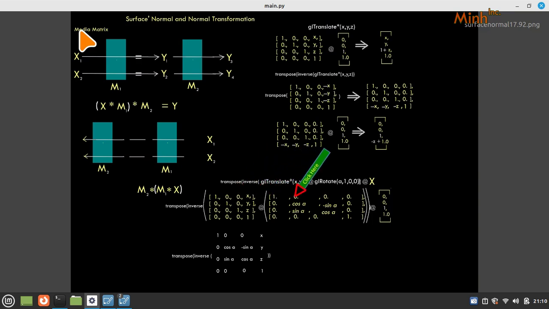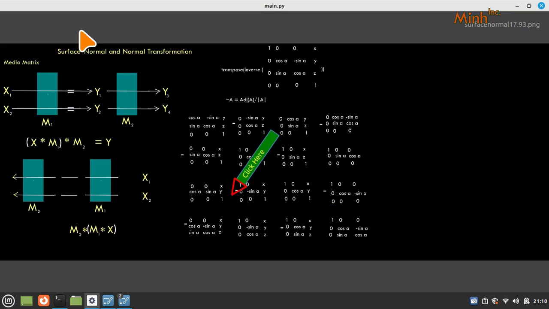If there is a translation and rotation on the surface, how much translation and rotation would happen in the normal? That is the calculation. For that, we are calculating the transpose and inverse. So first we multiply these two, and if I want to invert it, then I have to calculate the cofactor of each entry, this big.